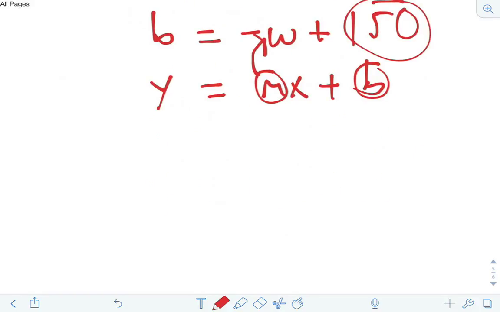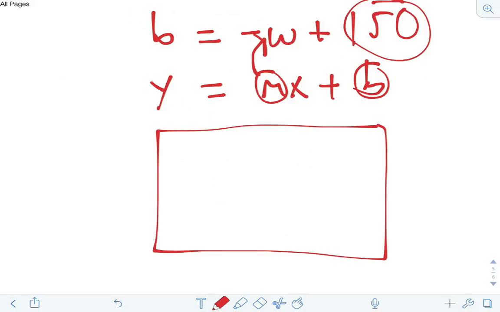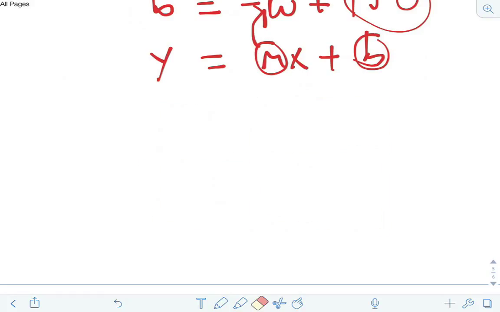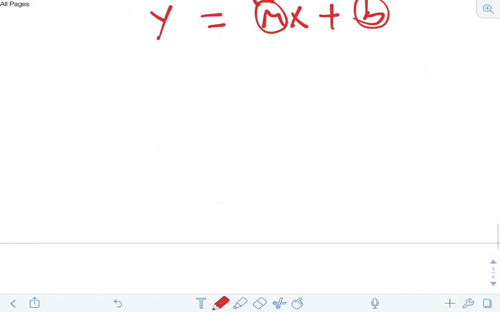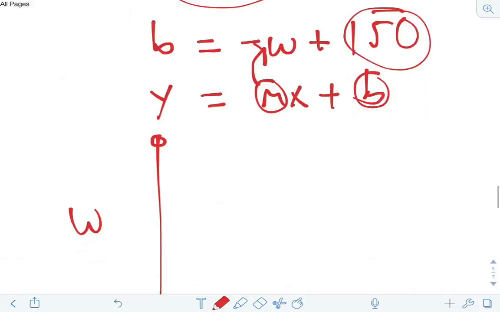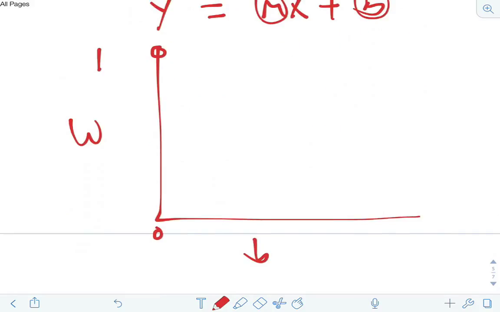So if we were to draw this using a simple set of axes, we can draw both these equations as two equations and two unknowns. Here we are at 0, 0, so we'll draw B on this axis, we'll draw W on this axis, and we start at W equal 150.